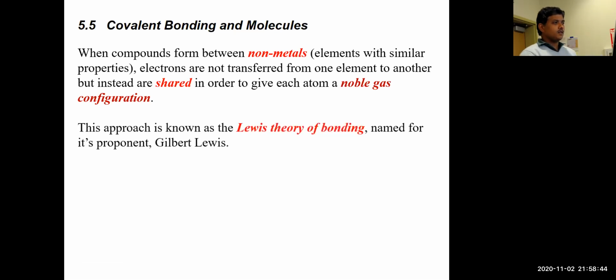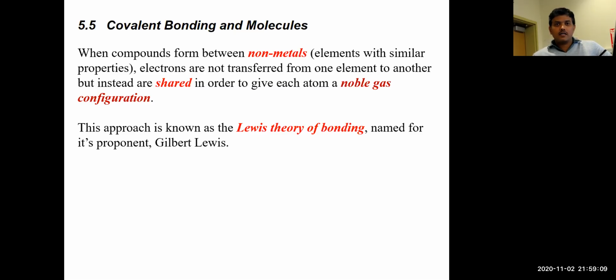All right. What we just discussed is all based on Lewis theory of bonding. We just discussed who Gilbert Lewis is. He proposed the Lewis dot symbols and valence bond theory, which we are going to discuss in the next two chapters. So he proposed how elements make bonds with other elements.